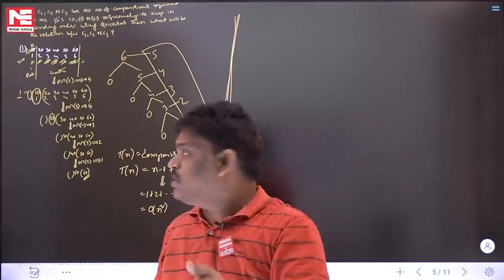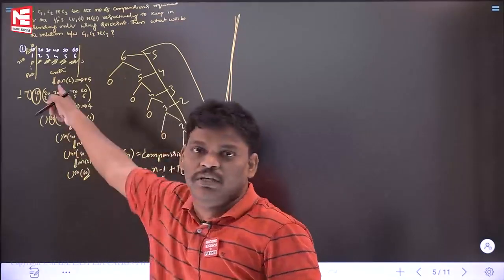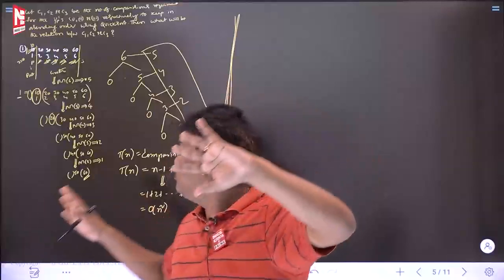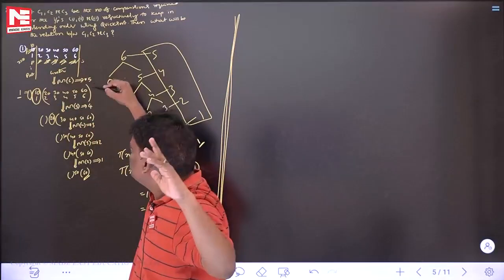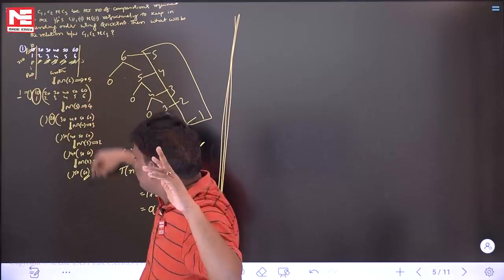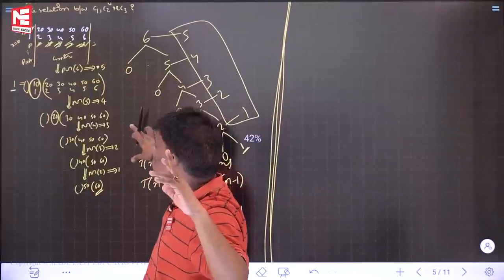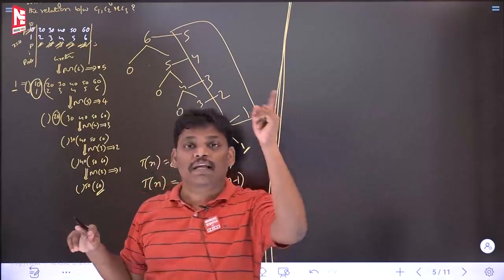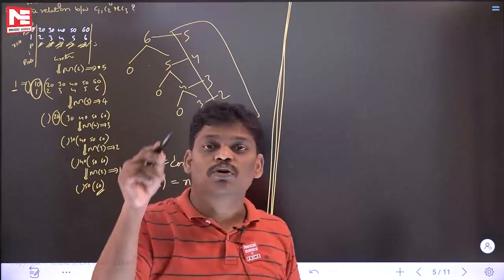Every time worst partition, then worst case. Suppose out of these many partitions, half the time best partition and half the time worst partition, that is called the average case, which is also equal to best case.